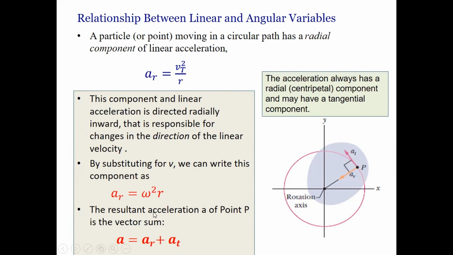The resultant acceleration, or the total acceleration of the point, is the vector sum of these two components: the radial component of the acceleration plus the tangential component of the acceleration.